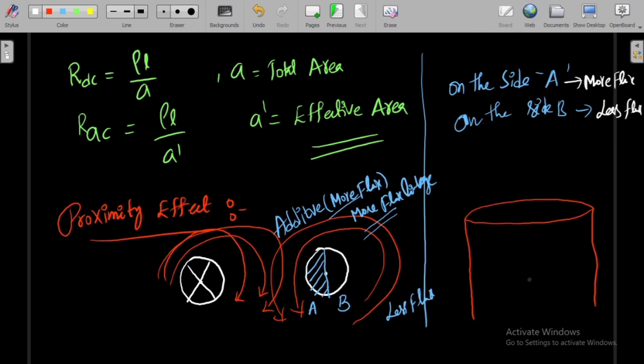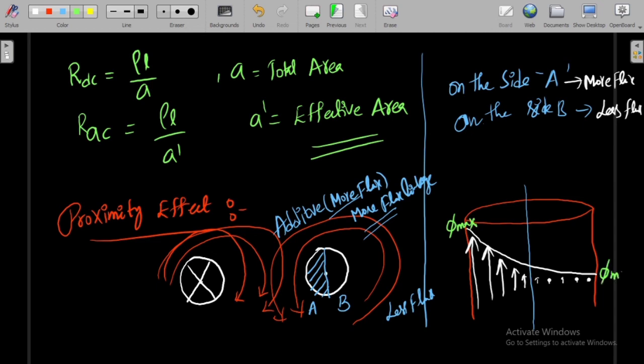Whereas in the proximity effect, when we divide the conductor's conducting portion into two parts, the left portion and the right portion, because of the other conductor you have more flux linkages on one side, whereas here you have less. So when we move from this side to this side, the flux linkages are getting reduced.